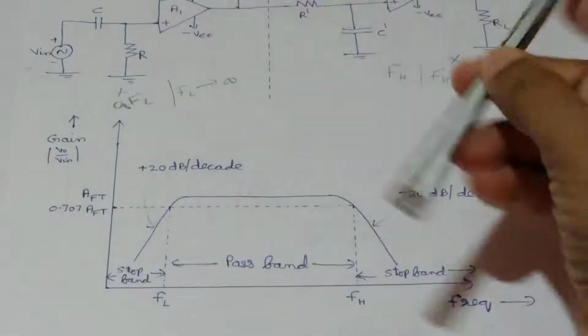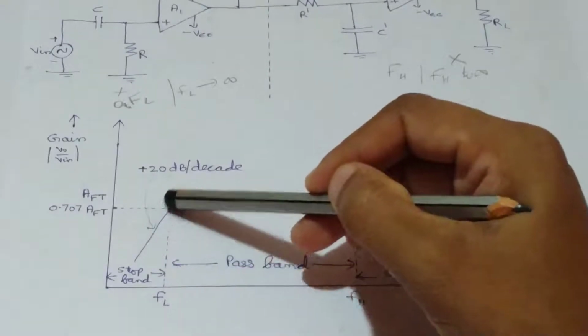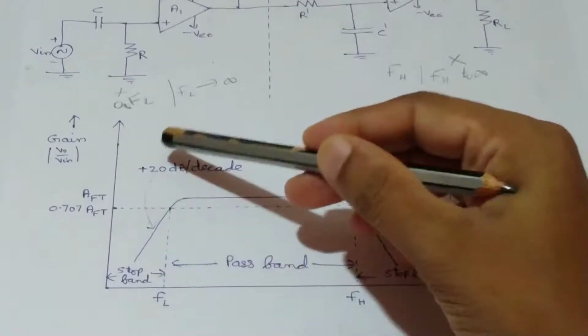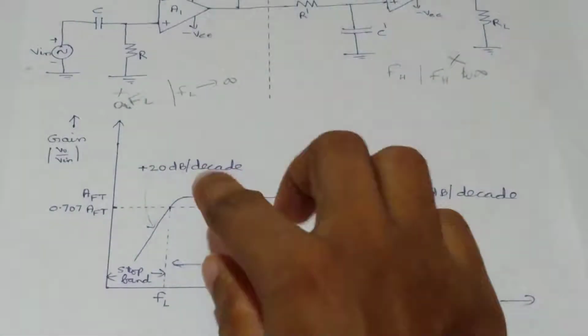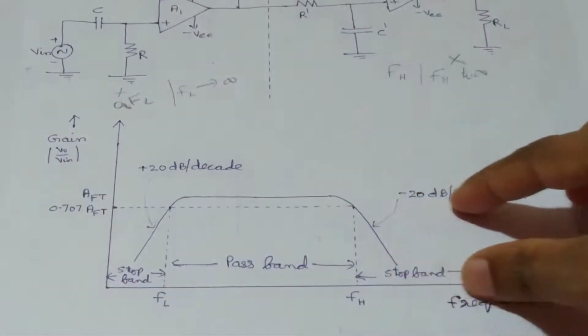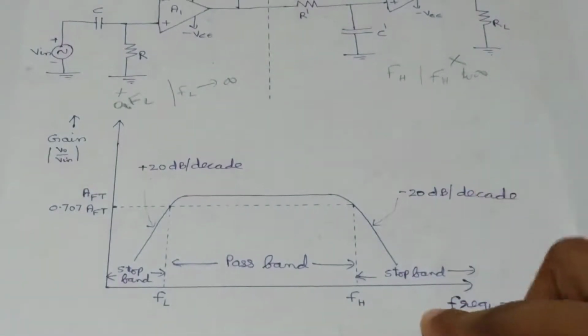Since it is a first order high pass filter, here the roll off rate is plus 20 dB per decade.